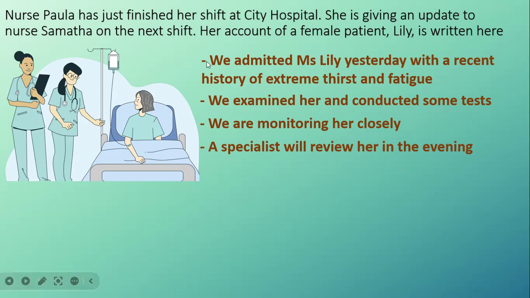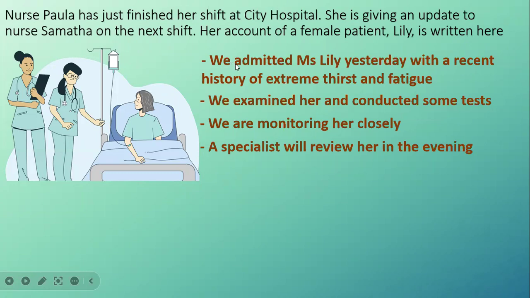Let's together check the first sentence. Like you said, in a handover, a brief summary is provided of events that have taken place or if something new has been done. So this is what the two nurses are doing here. So nurse Paula, who has finished her shift, is informing nurse Samantha.